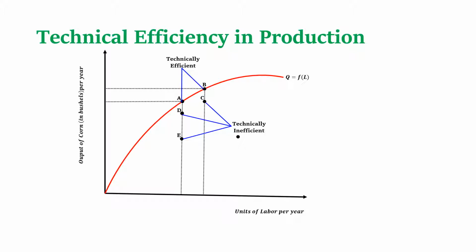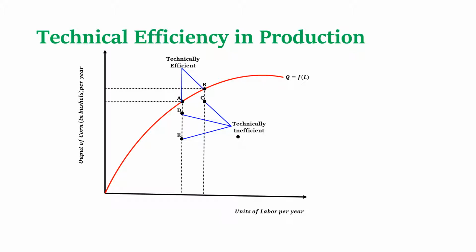So if the farm can use less inputs to produce the maximum amount of outputs, there we say the farm is technically efficient. It's using its inputs efficiently in the production of outputs.